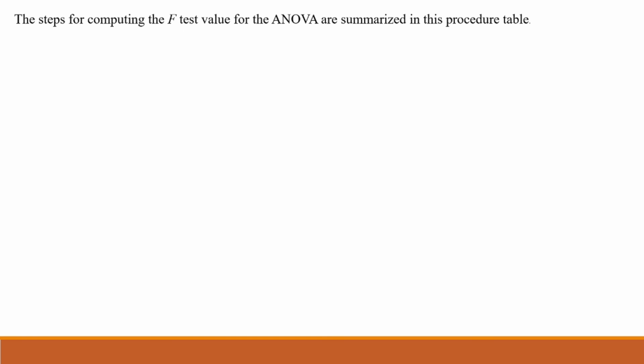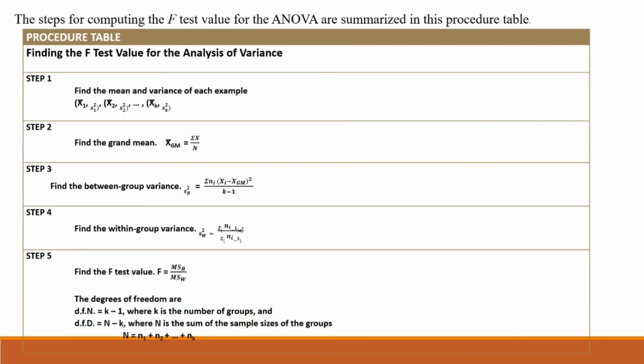These steps for computing the F-test value for ANOVA are summarized in this procedure table. Step 1, find the mean and variance of each sample. Step 2, find the grand mean. Step 3, find the between group variance. Step 4, find the within group variance.